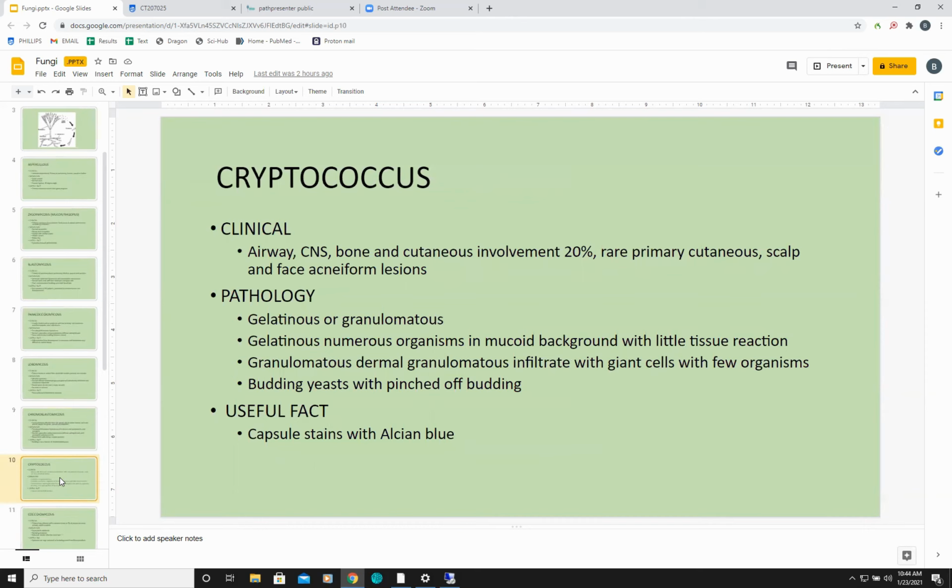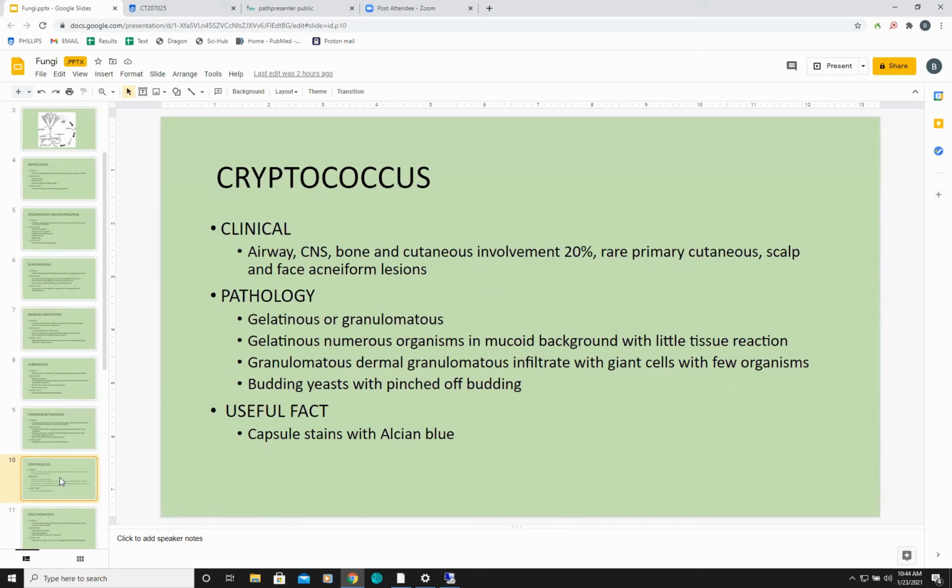The next one is probably well known to you, Cryptococcus. This usually starts with airway infection and is disseminated with cutaneous involvement in 20% of cases. Very, very rarely primary, and often you see scalp and acneiform lesions on the face.